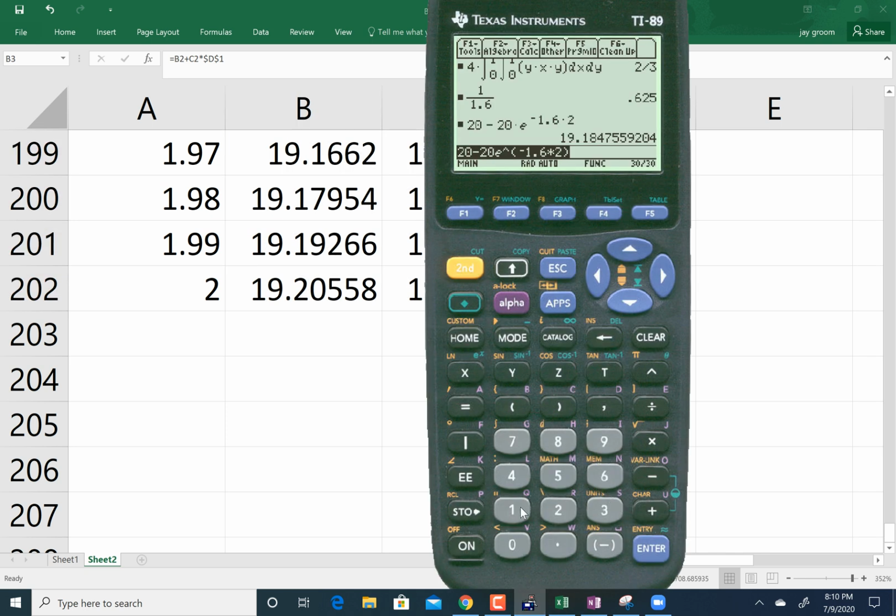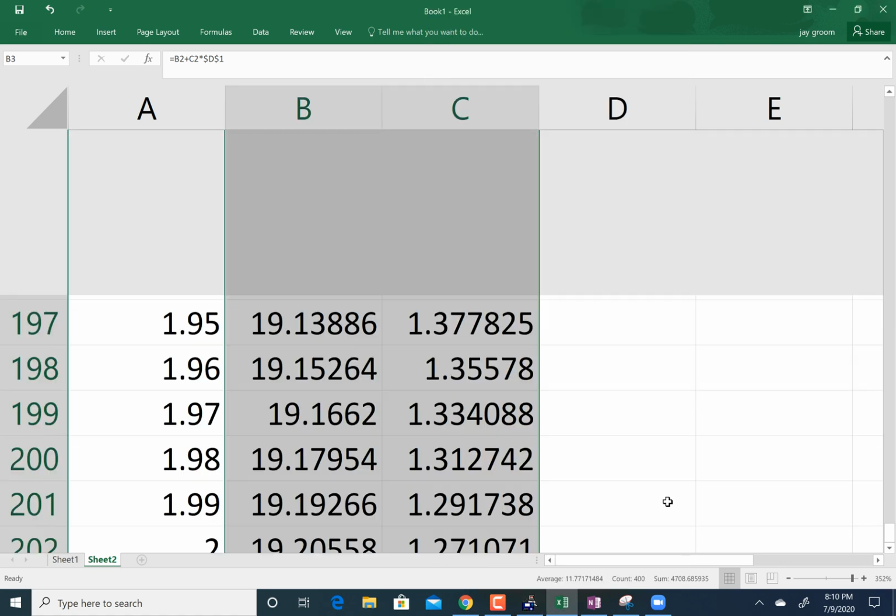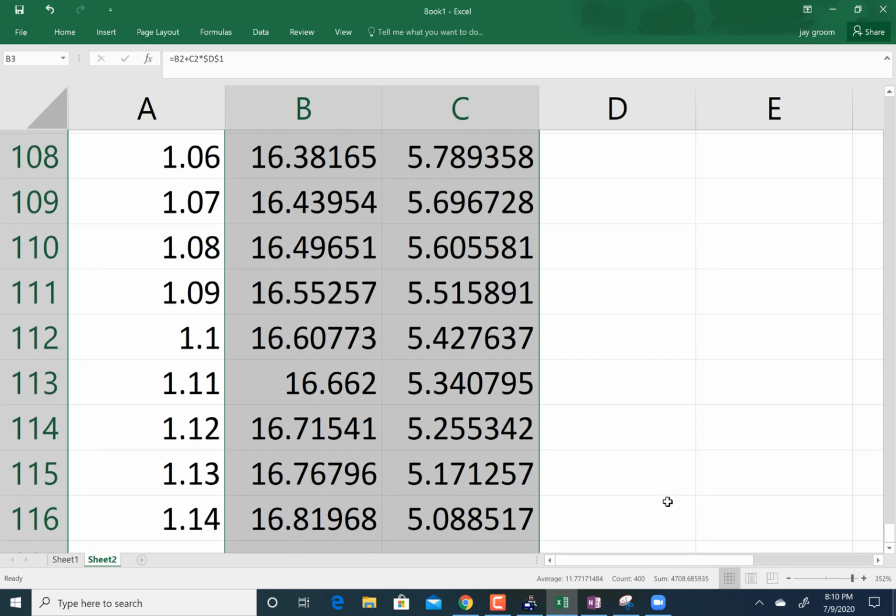So if I do 19.2, where am I at? 0.558 minus this guy, divided by that guy. Yeah, so we're off by 0.1%. That's pretty good. We're a little over approximating it.